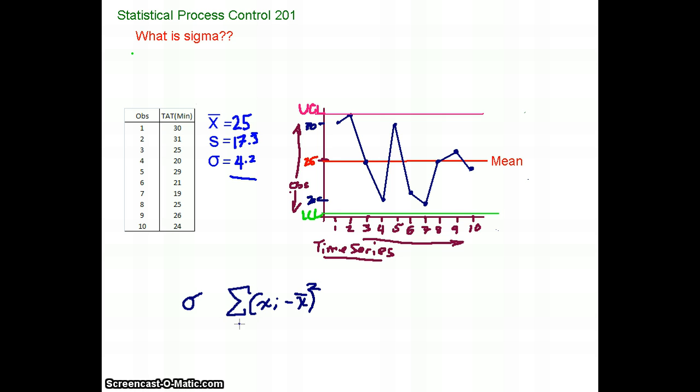That's the distance here, that distance, this distance, this distance, all squared, to get the sign right. The sum of all those squares divided by the number of observations minus 1 is the variance, and then to get the standard deviation, we take the square root of that, and we call that sigma.